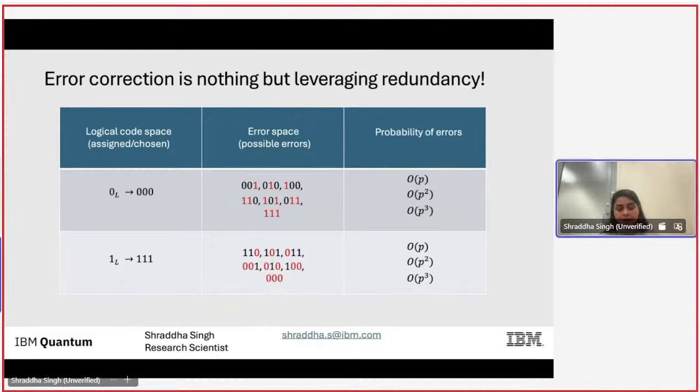If 2-qubit errors are occurring with significantly high probability, that is p squared is significantly high, that means you probably need to go with a 5-bit string or 7-bit string or 11-bit string and so on. And the length of the string decides the distance of the code, that is how much protection you have against errors. For an n-bit string in such a scenario, your distance would be n, and the number of errors that you can correct for would be (n minus 1) over 2. We generally denote distance with the variable d.